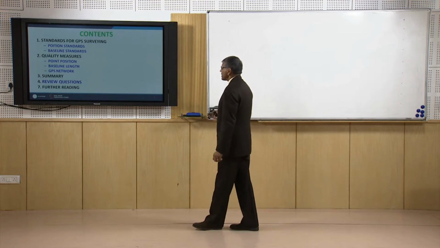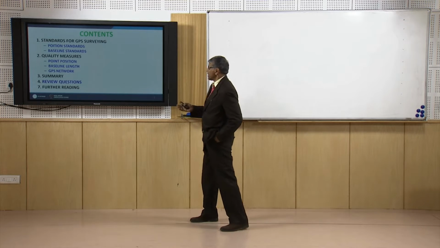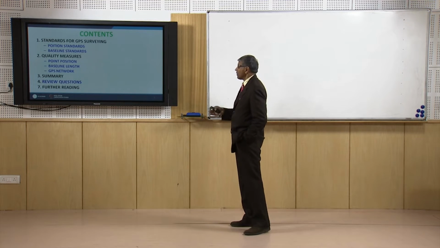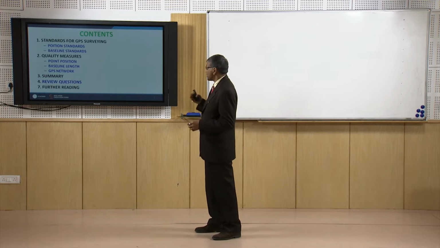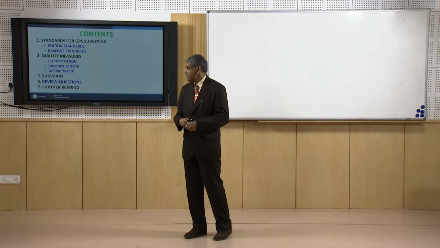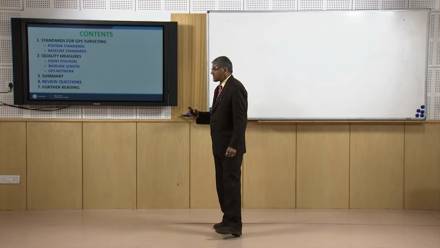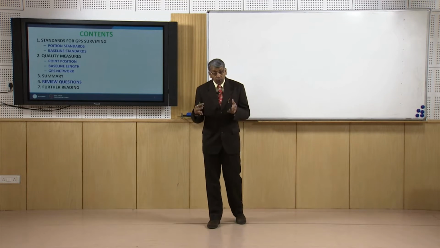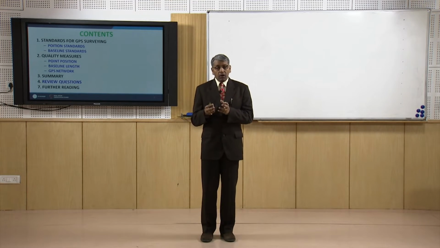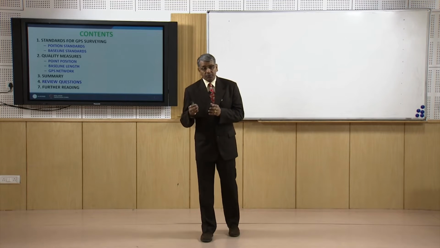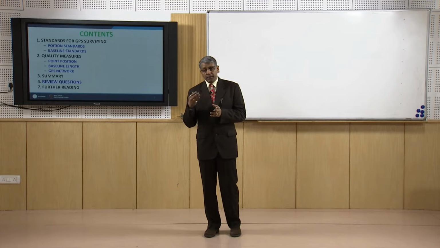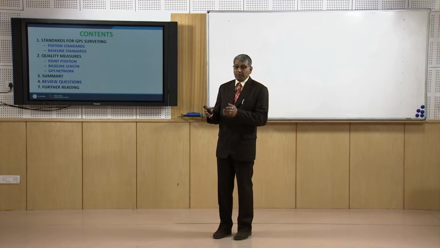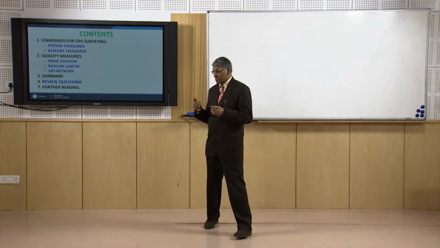So, the standards that have evolved over time have to be discussed, and there are two types, one is the position standard, another is the baseline standard. The second one is that whatever we have processed or derived from the GPS data, those processed parameters we need to test.